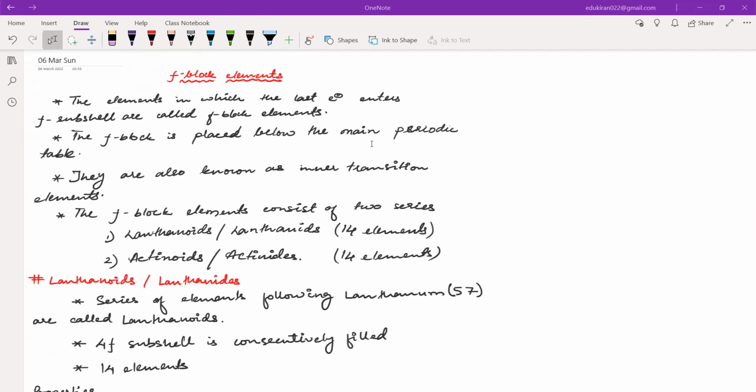Due to the addition of electrons in the F block, which is not very effective in screening those outermost electrons of 6s. Then the next thing is, what is the effect of lanthanide contraction on other elements and compounds, or on lanthanides only? So there are 3 things: what it is, why it is, and what is the effect of the lanthanide contraction. Mainly 3 points: electronic configuration, oxidation state, and the lanthanide contraction and its effect.